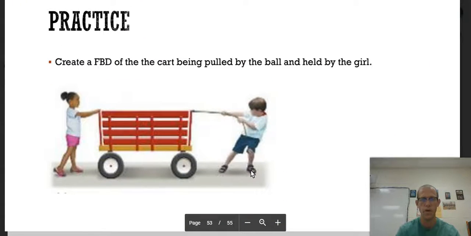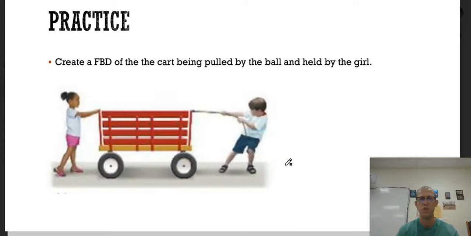So here's one where we have a cart being pulled. What does that say? A free body diagram of the cart being pulled by the boy and held by the girl. So that's supposed to be boy. That's why it's confusing. All right, so this big dot is going to represent our object. So there's my free body diagram. It's a pull by the boy.